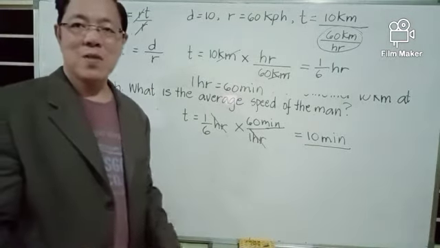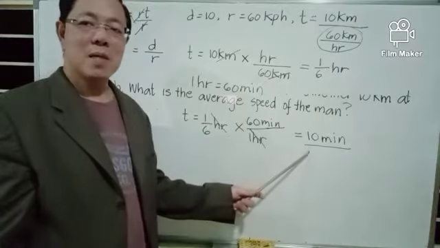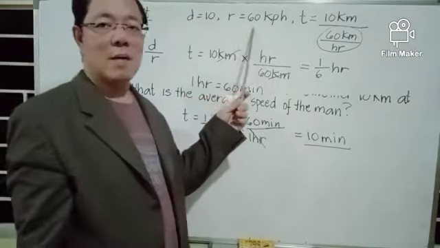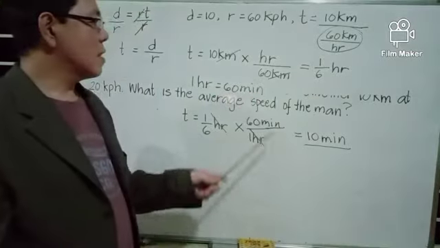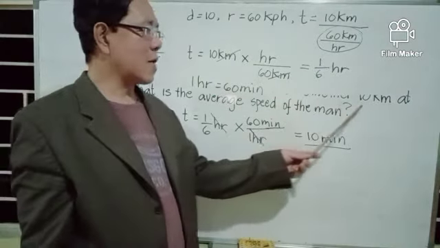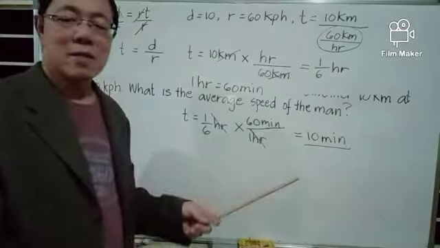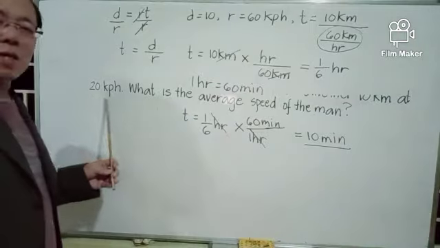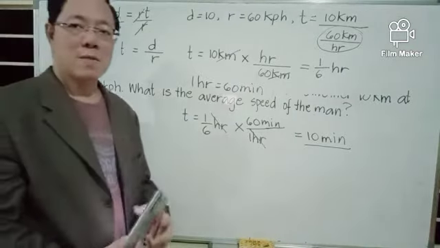So for the first part of the trip, the man took 10 minutes to travel 10 kilometers at 60 kilometers per hour. Now the man traveled another 10 kilometers at a slower speed of 20 kilometers per hour.